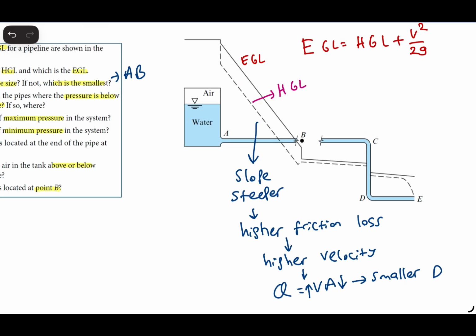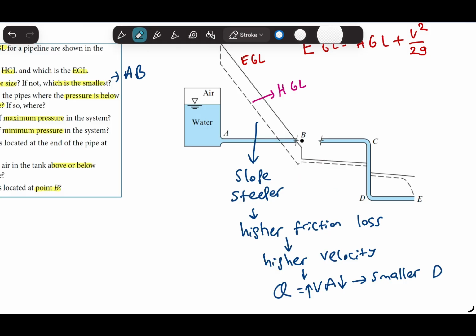If they are at the same level, like this, then it means we have zero pressure. Or if they are lower than the center line, then it means we have negative pressure, or subatmospheric pressure. So this means from B to C, we have subatmospheric pressure.